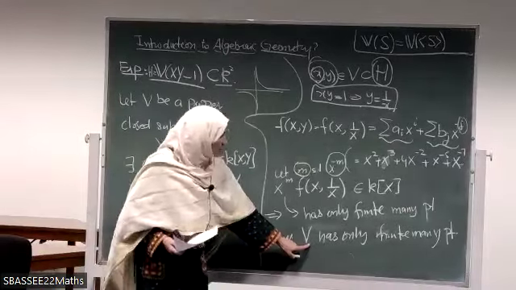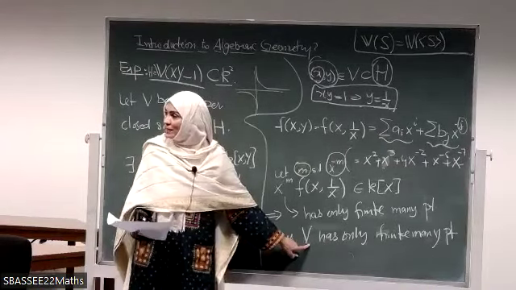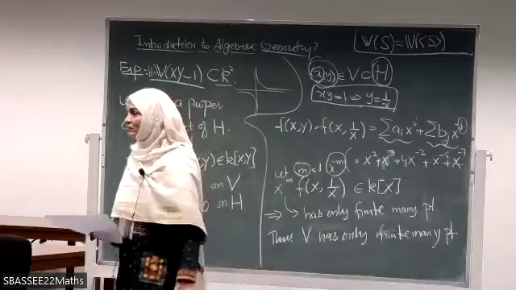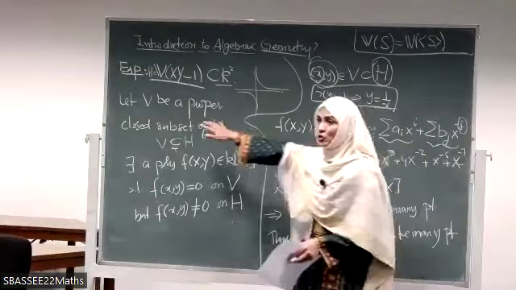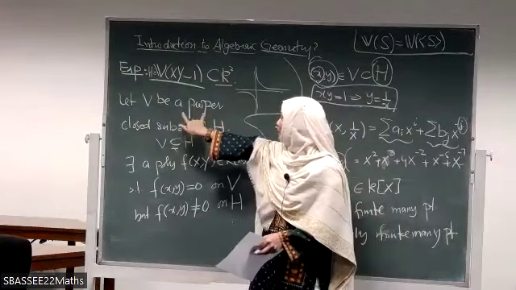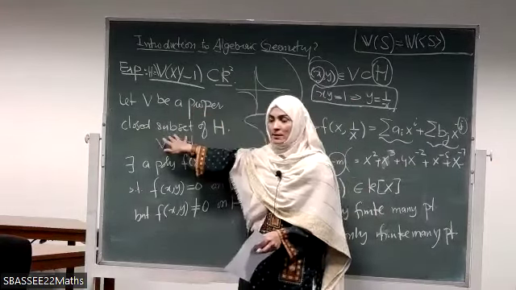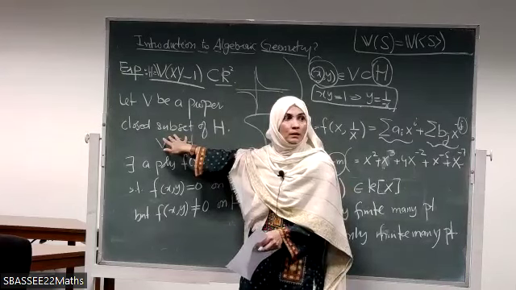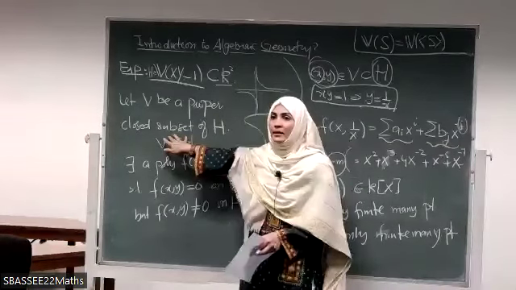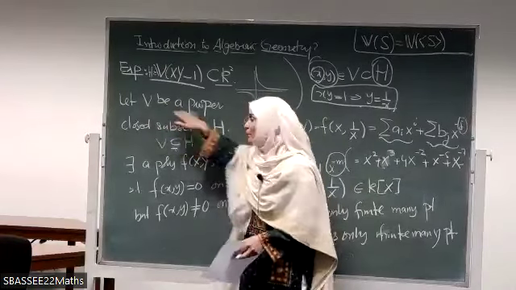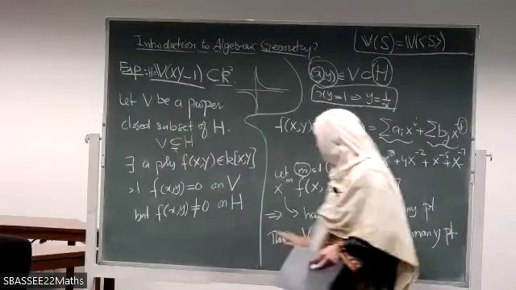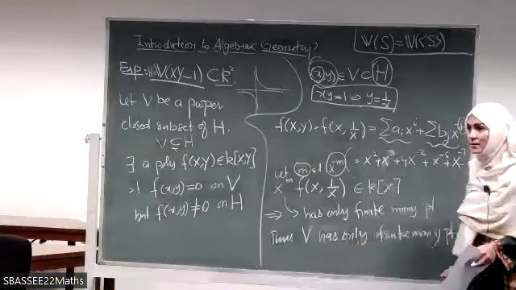Okay, so this means that you have just finitely many points in your variety V. So if V is a proper closed set, then definitely it has only finitely many points.